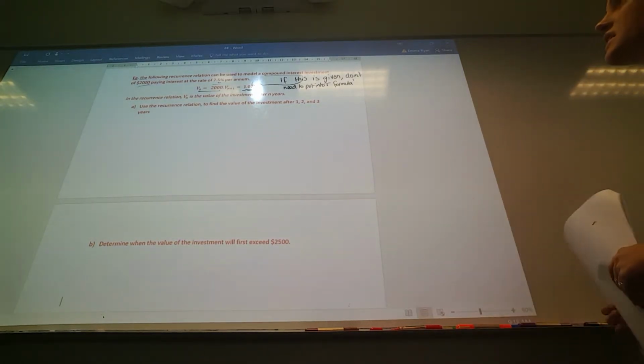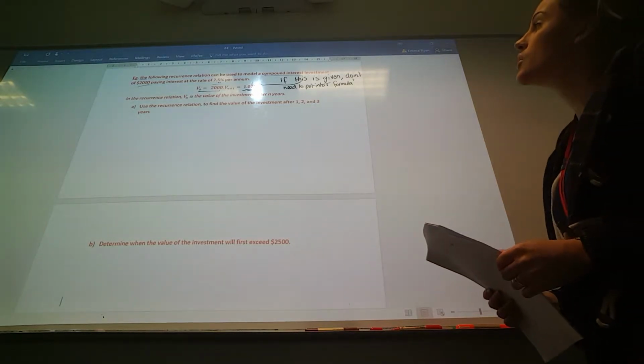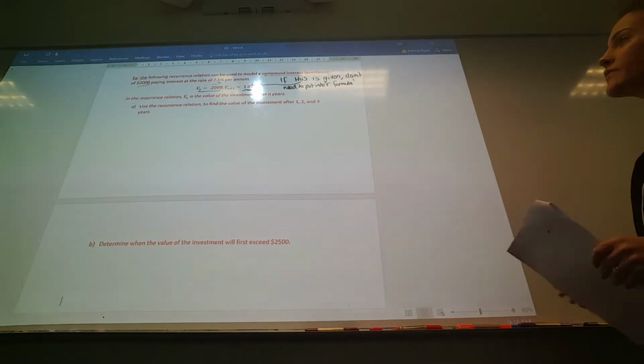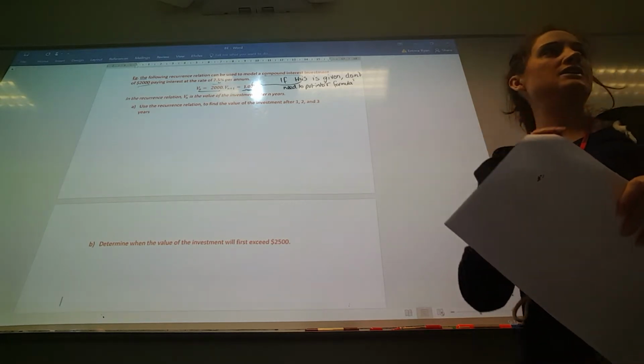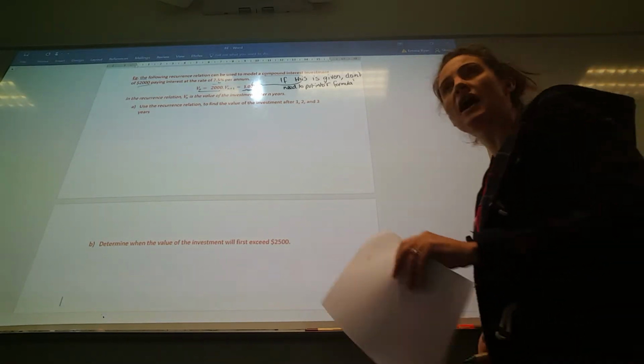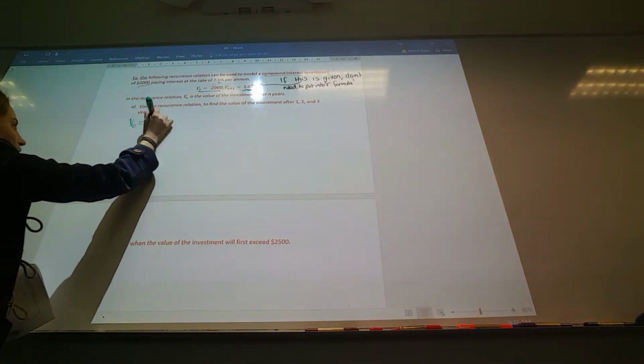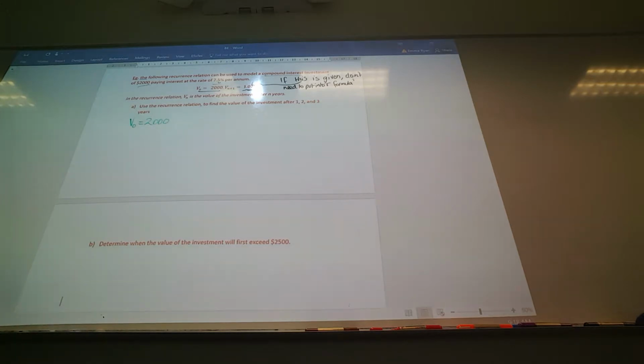Okay, so the question says, use the recurrence relation to find the value of the investment after 1, 2 and 3 years. So we already know that at the start, after no years, we've got $2,000. We've walked up to the bank and gone, here's $2,000, invest it.